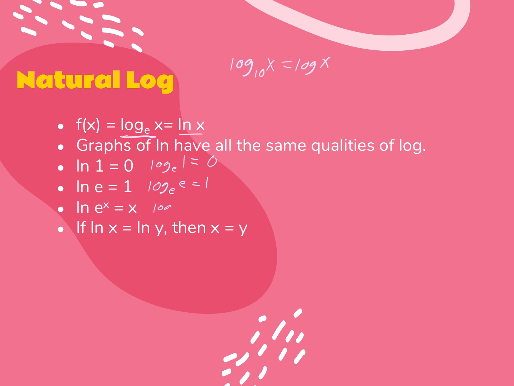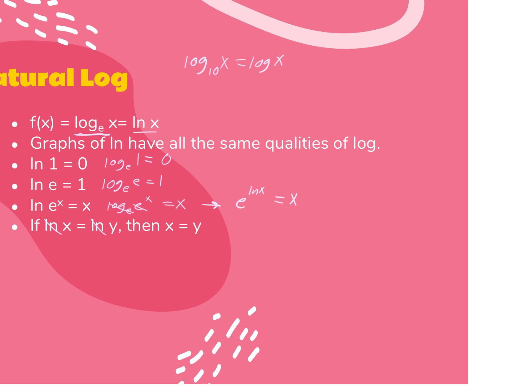Same thing here. If I have log base e of e to the x, the log base e and the e can cancel, and you're just left with x. And then ln of x and ln of y, you can just cancel out ln. And then just like before, this one right here, e to the ln of x is x.